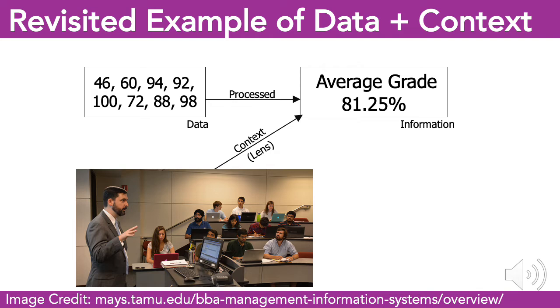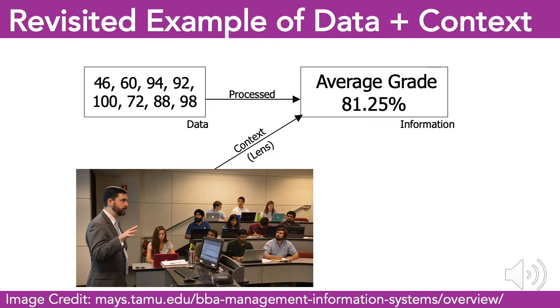So what I can derive by doing some processing of that data is that the average grade of students on this quiz was 81.25, right? And as a professor, I'm going to look at that and say, you know what, that means my students really maybe skimmed over those PowerPoint slides I told them to review since they went to the football game, or something like that. I'm just making up examples now.